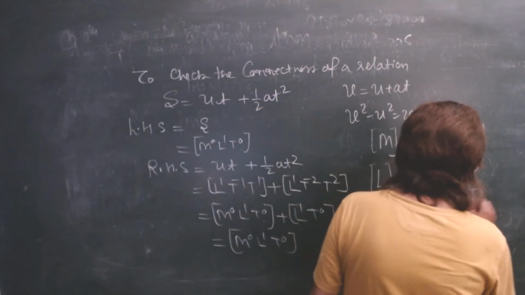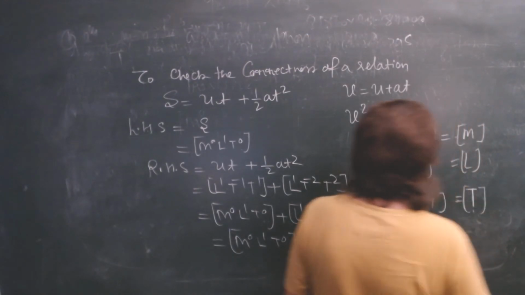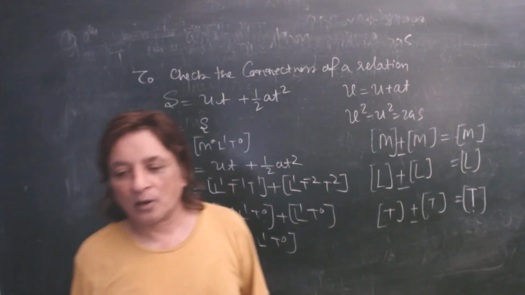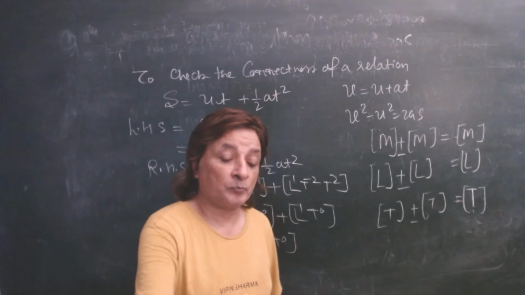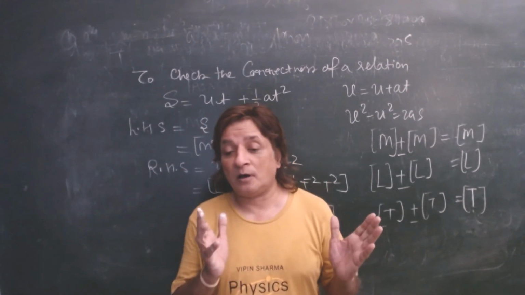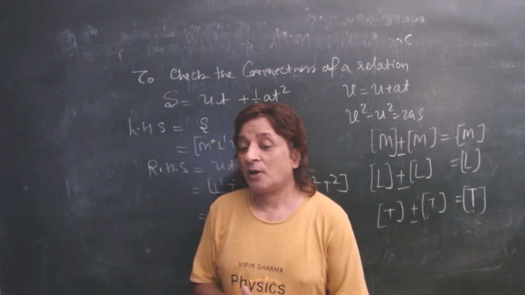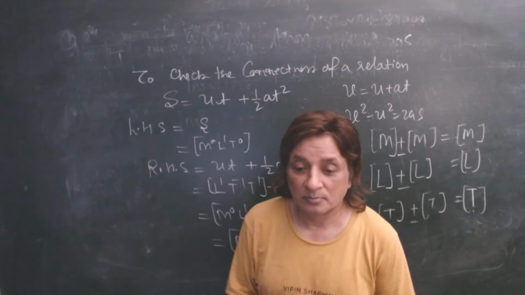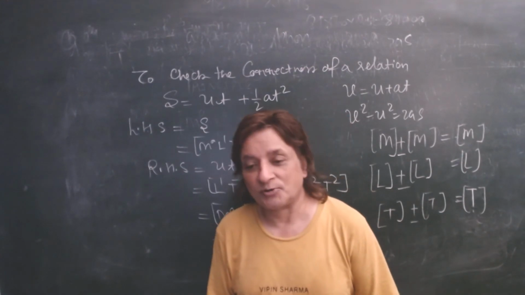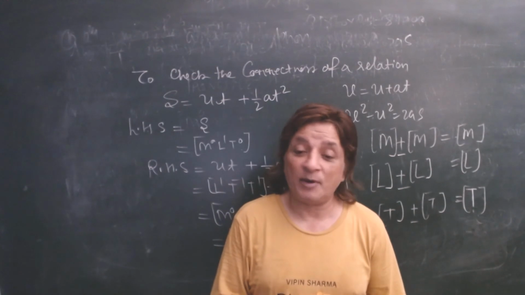So, dear students, you will find that this is going to be something. Length minus length, you will say 0 length. 0 has no dimensions. 2 has no dimensions. 10 has no dimensions. These are called dimensionless constants.